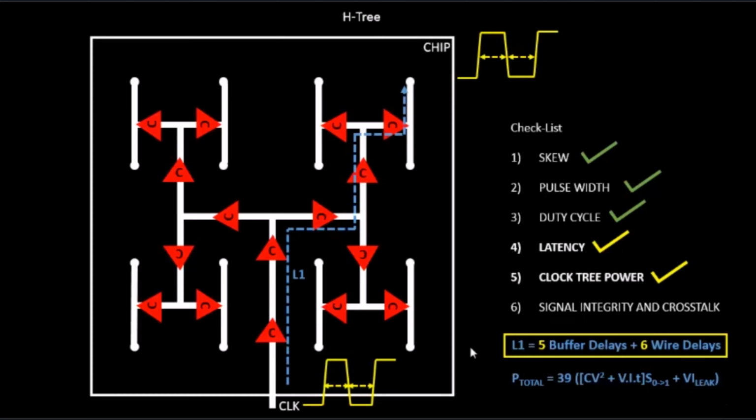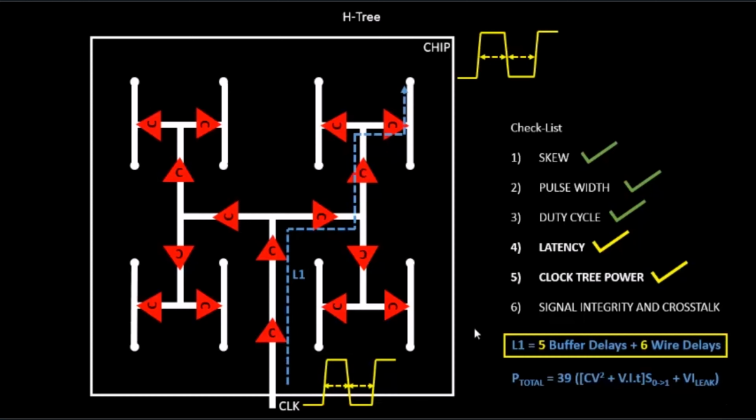It's not completely reducing the latency, because in the initial case these buffers were placed very close to each other. So the buffer delays were very fast. By fast I mean the output load and the input transition were so sharp that the buffers were very fast.